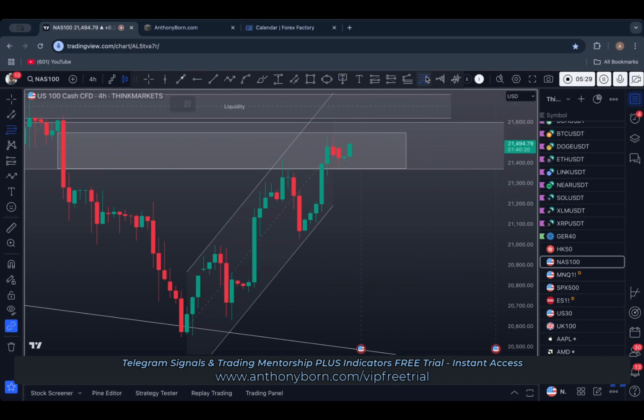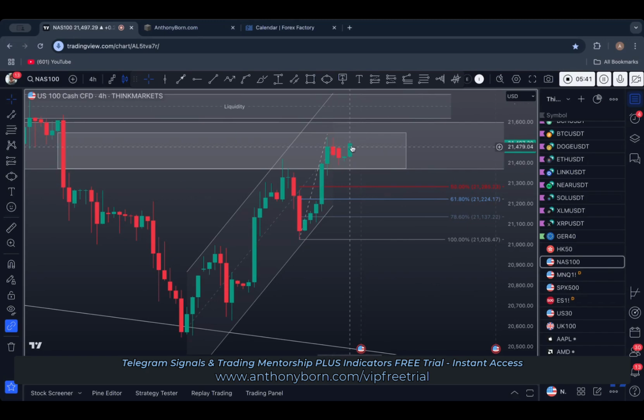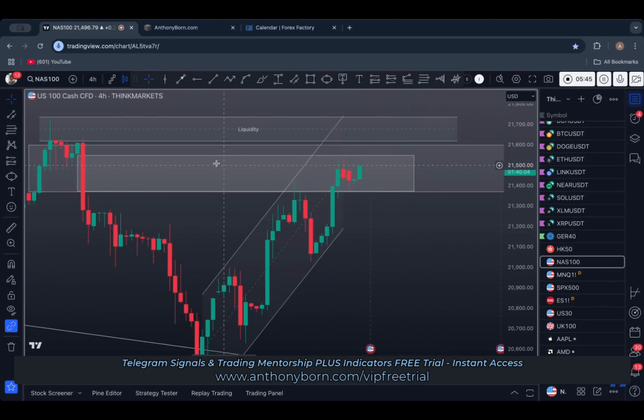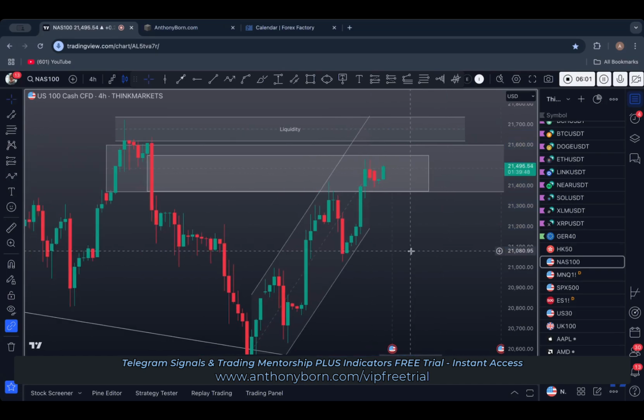So at the moment, if you're even thinking of buying, it's got to come back into my zone before I will even consider getting involved with that long. Now, if it trades north from here, I'll be letting it go, guys, because look what we're trading into, all of this big liquidity up here. So I'm thinking that it might push up, and I'm half expecting, I don't know, that. It remains to be seen, right?